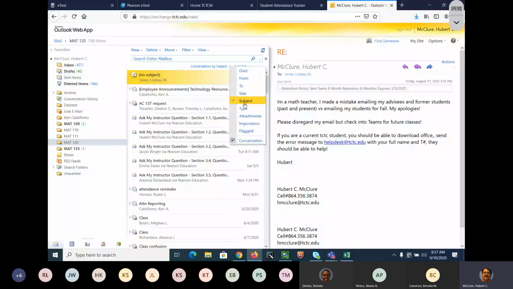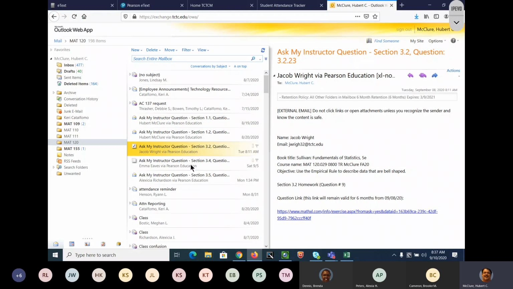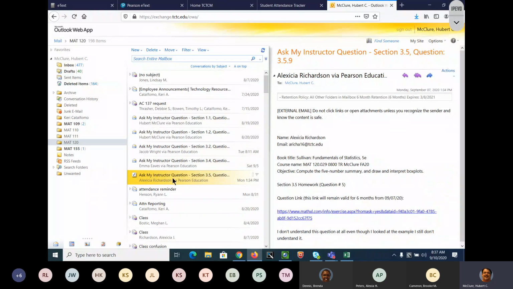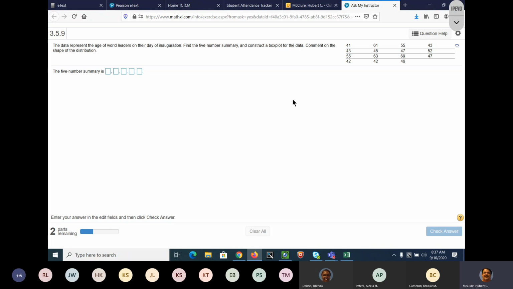Subject. Let's see. I think we just did that one. 3.4. Well, this one, 3.5. Maybe this is a Z-score. Nope, this is a 5-number summary. So you should be able to do this one real simple.